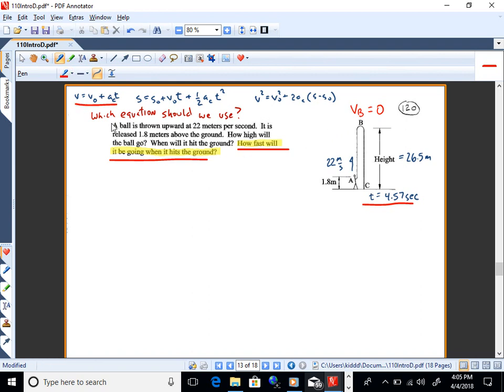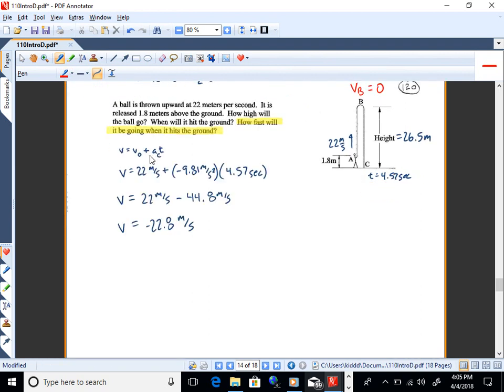So what we're doing there, if we run it that way, we know that the initial velocity is up at +22 and the acceleration's down. So it'll get us the velocity, and notice the sign on there, it's negative. So it'll figure that out for us, okay? Because we've got a parabolic path with a negative acceleration, and we want to know what's the velocity at 4.57.